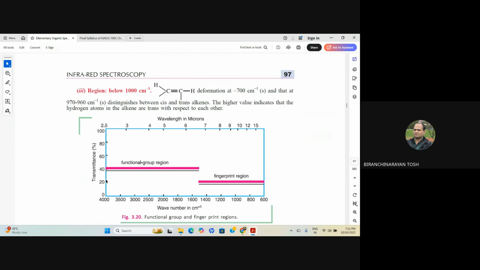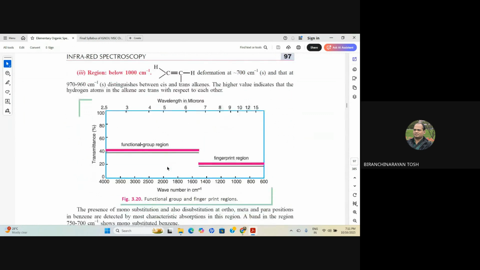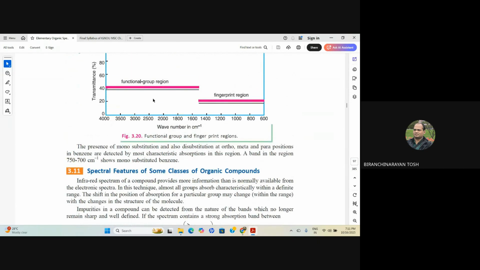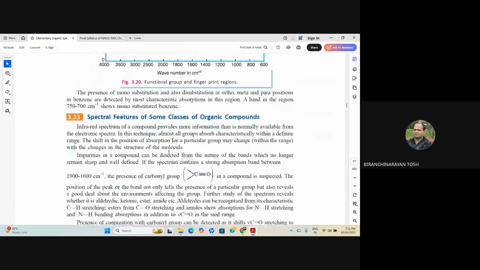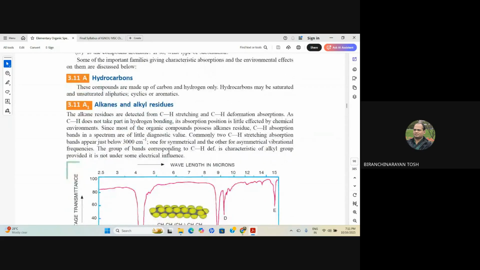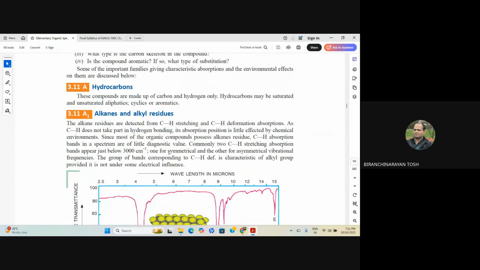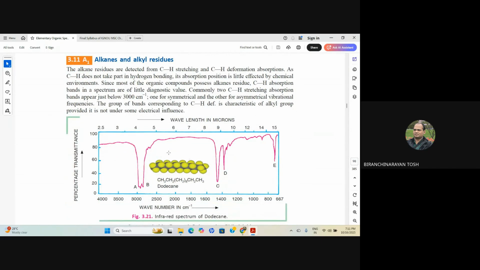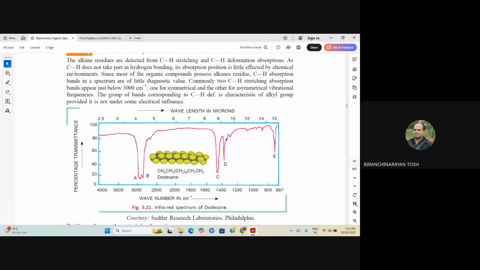As a whole, functional groups can be detected from there. So let us move to the individual IR spectra, that is now alkanes and alkyl residues.